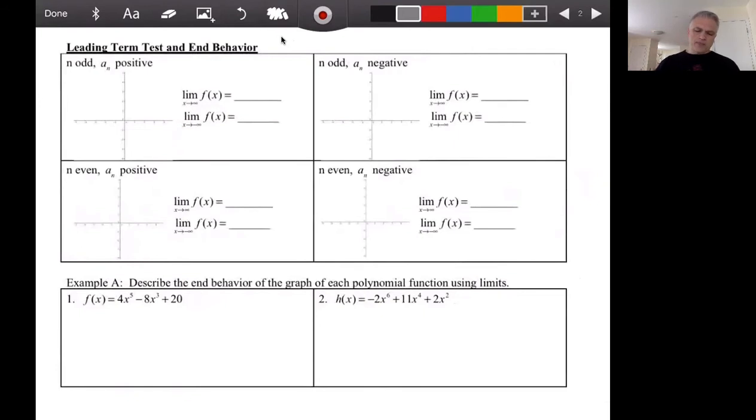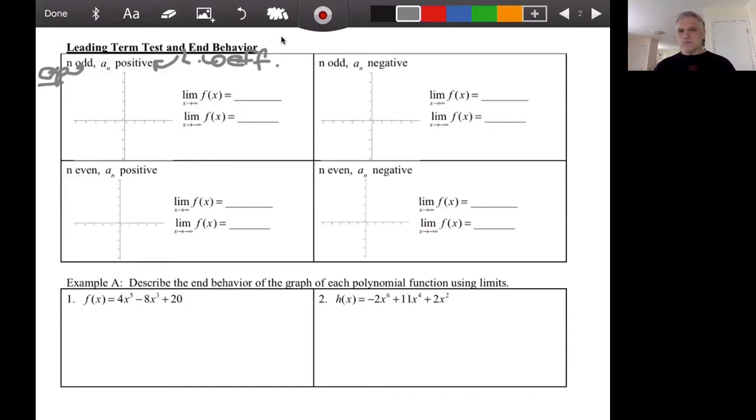So now, if n is odd, that means the exponent is odd, and a sub n, which is the leading coefficient, is positive. What does that generally look like?